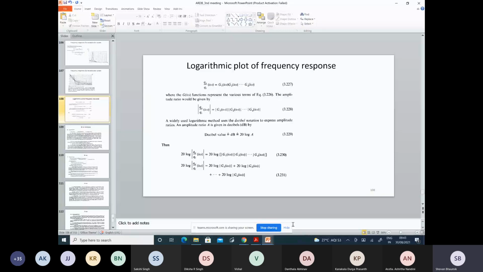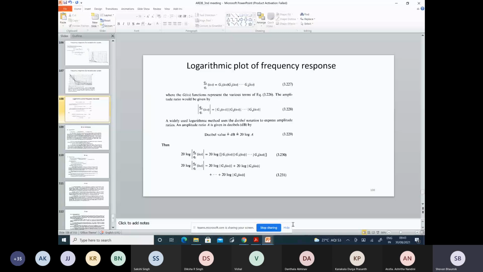It means that you have a corner frequency. To find it, you extend this slope of the curve, see where it cuts the previous line, and from there you can find the corner frequency. So from the plot you need to find the corner frequency and the slope; definitely you need to know the slope. If you know the corner frequency, you will know where the poles and zeros are.